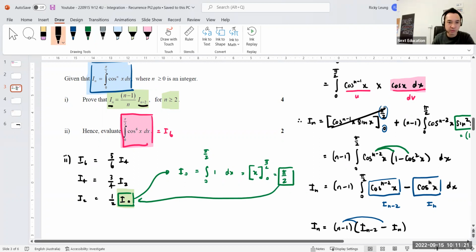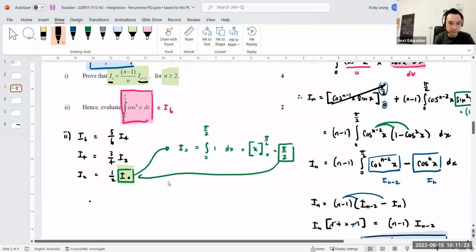Therefore I2 equals 1/2 of pi on 2, which is pi on 4. Then I put that recursively into here, so I4 equals 3/4 of pi on 4.